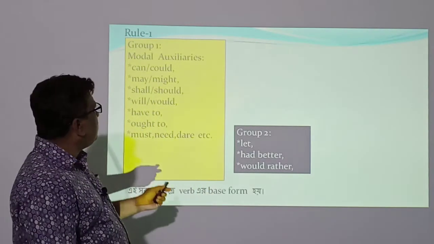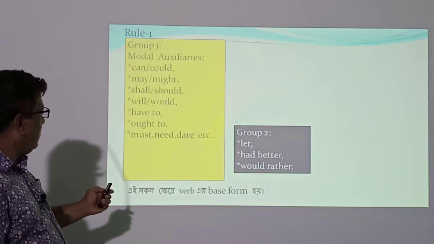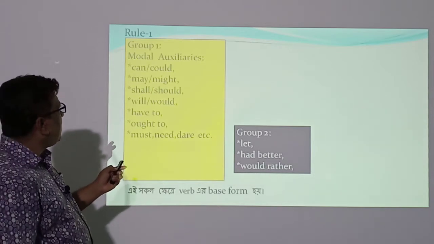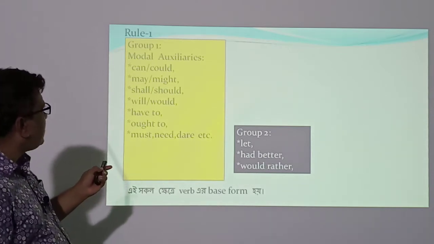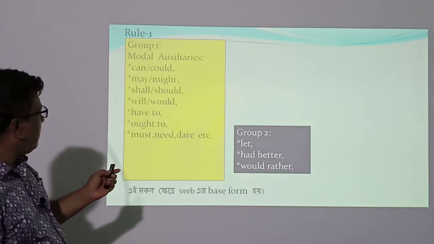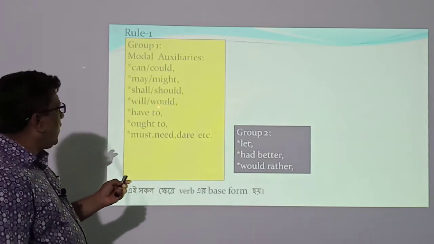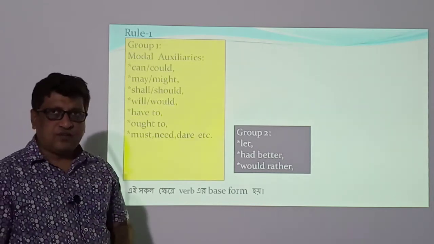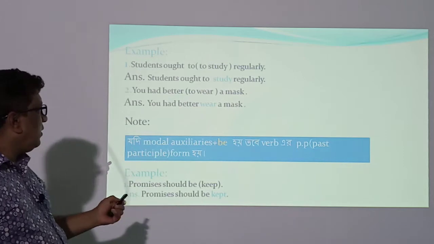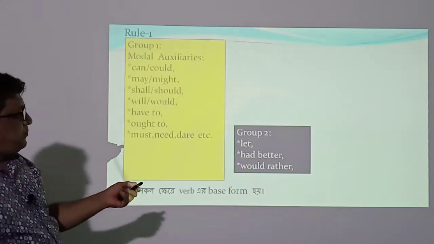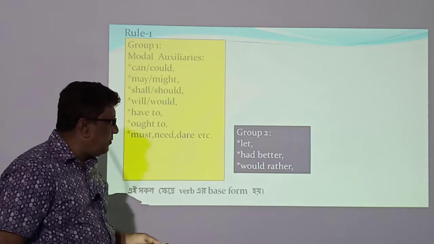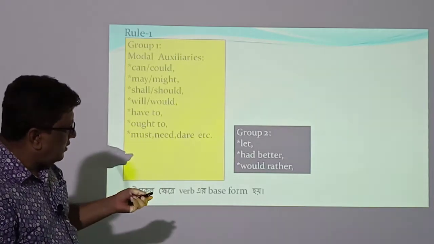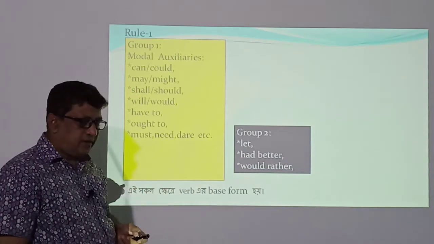You will notice two groups. In Group 1, you have modal auxiliaries: can, could, may, might, shall, should, will, would, have to, ought to, must, need, dare, etc. In the second group you will have a verb like let and two phrases, had better and would rather.